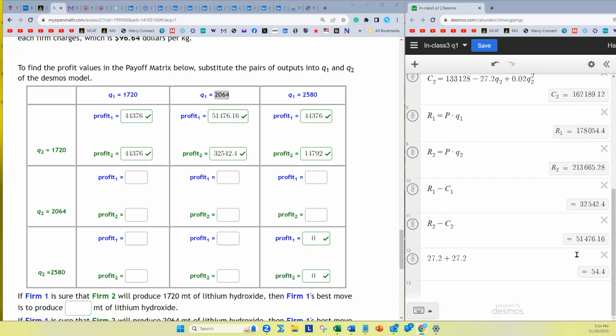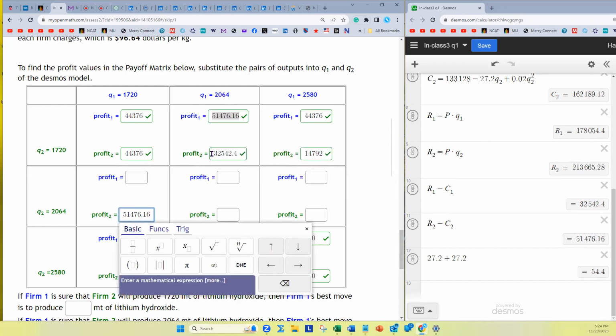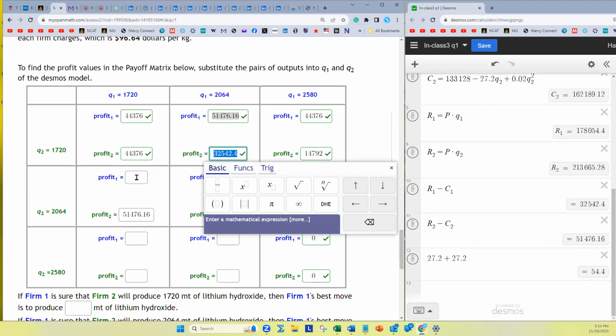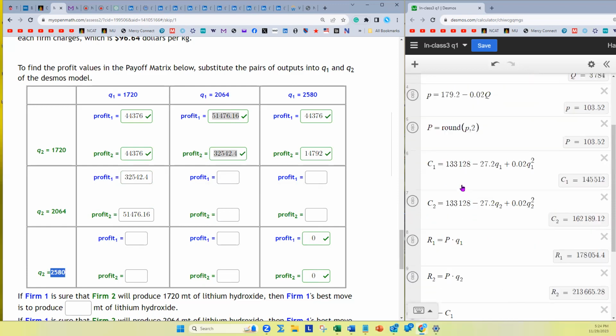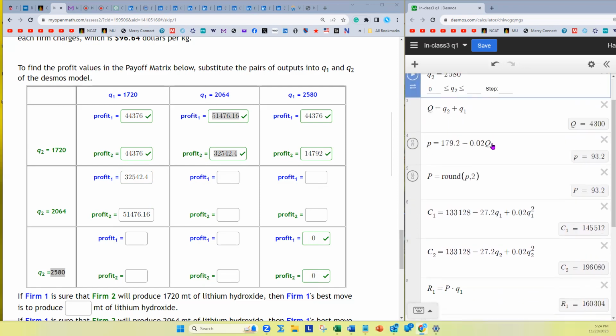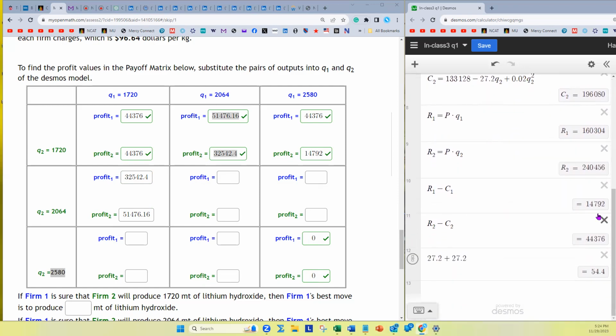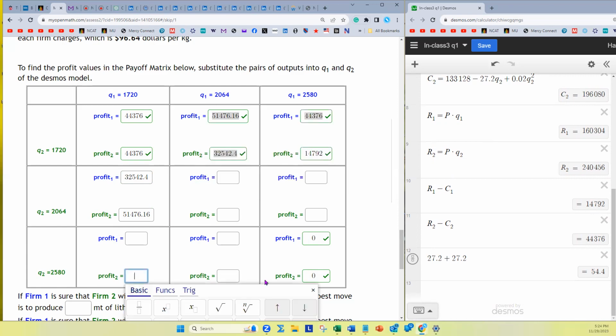They've just flipped, because they're identical firms. The same will be said if we increase firm two's output to 2580: again, these two profits have flipped. These are identical firms.